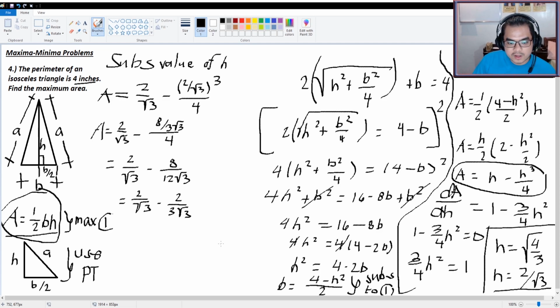And then all we have to do is add these two. You'll have a common denominator of 3 square root of 3, so 3 square root of 3 times 2 minus 2 times square root of 3. We'll have 2 square root of 3 all over square root of 3, that's 3 all over 9.